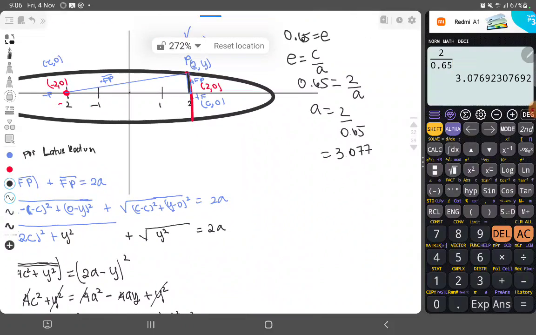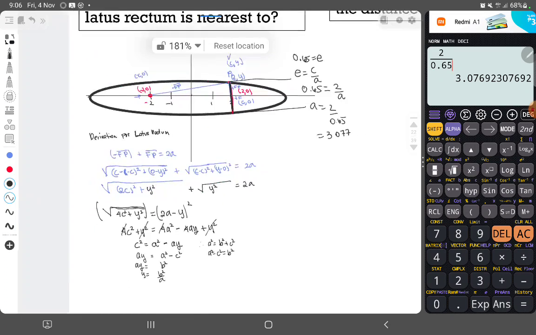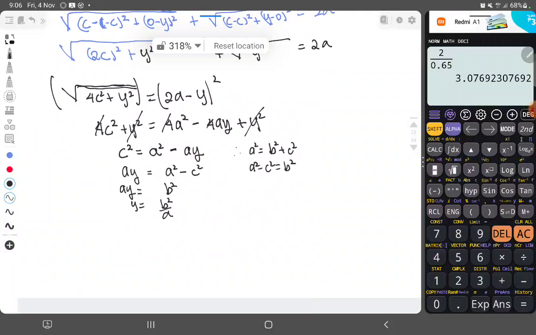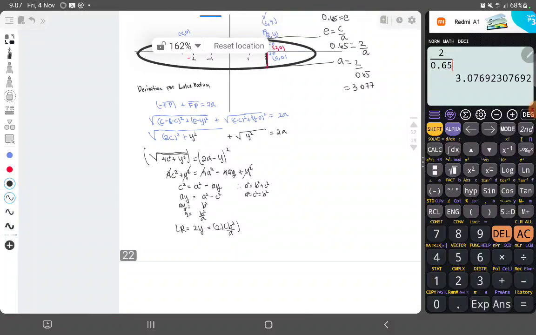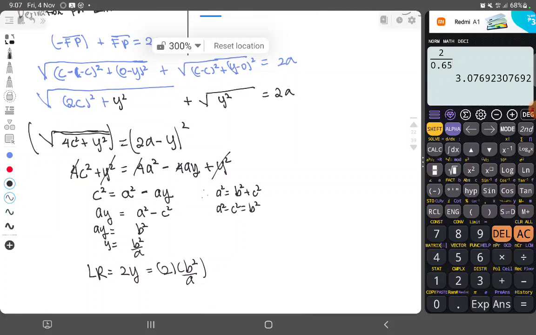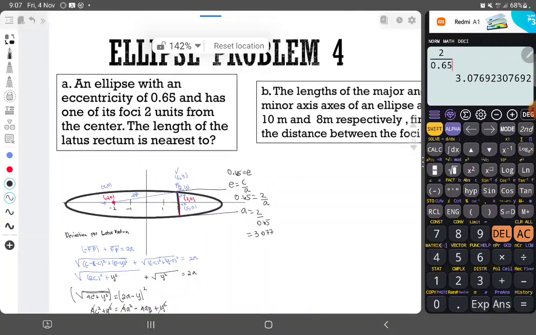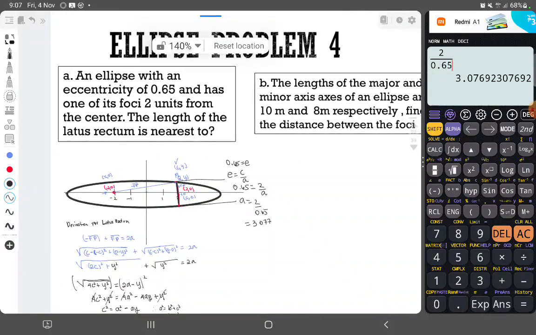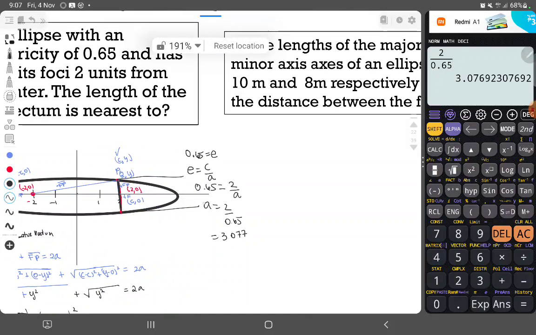Now our Y is considerably the other half of our latus rectum. By our reflection property, if we would consider this whole length, we will multiply it by 2. So latus rectum LR is equal to 2Y, which is equal to 2 multiplied by B squared all over A. But what is our B square? Our B square can be solved by A square minus C square, which can be directly found in our equation earlier.